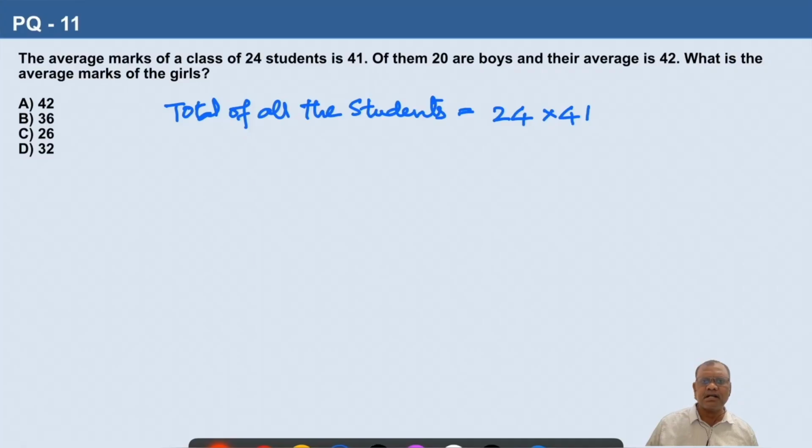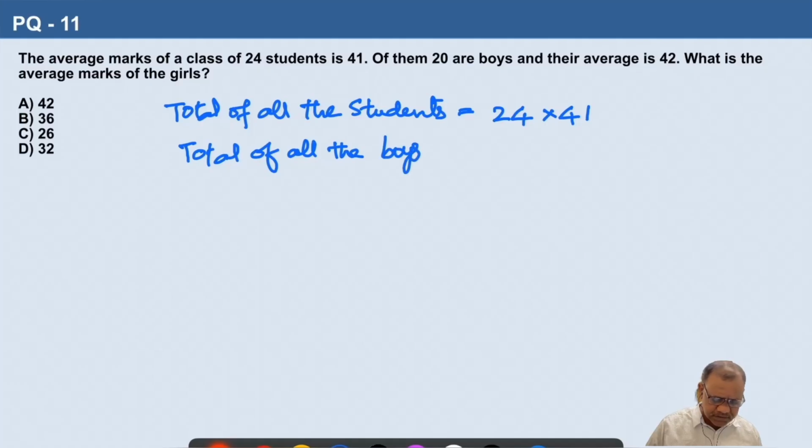Of these, 20 are boys and their average is 42. So, the total of all the boys is the average 42 multiplied by 20 boys.